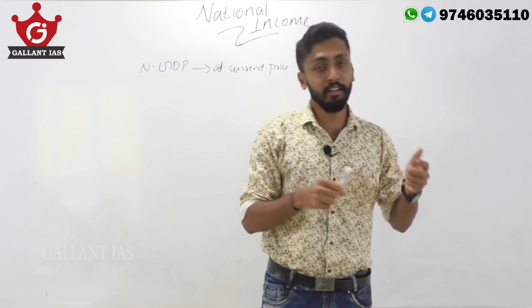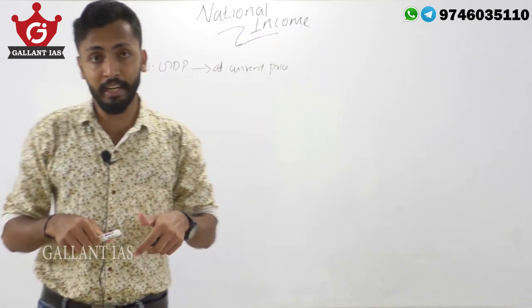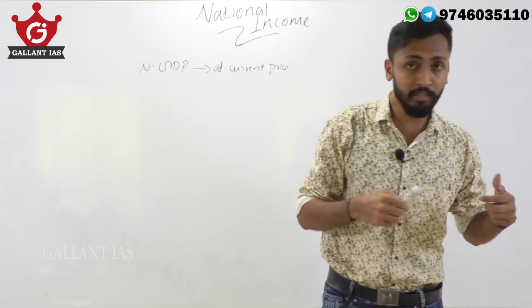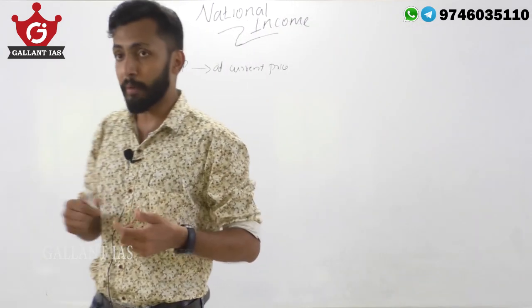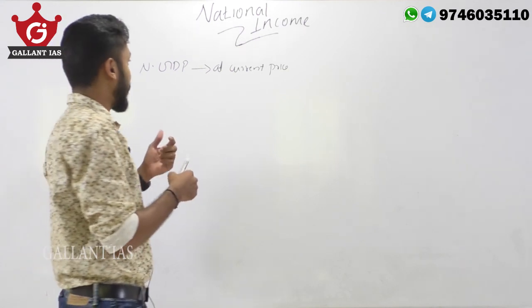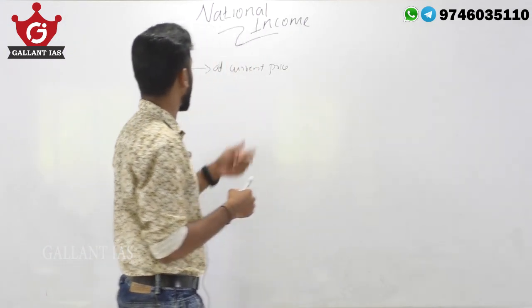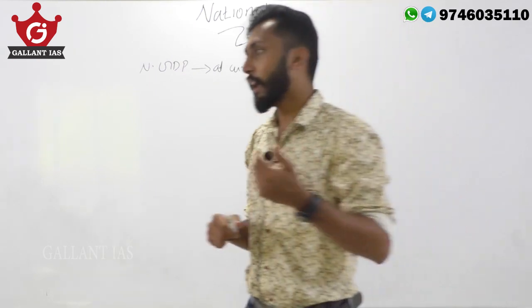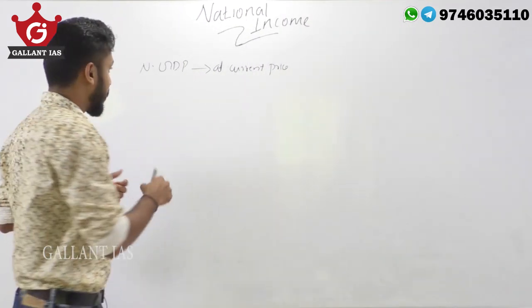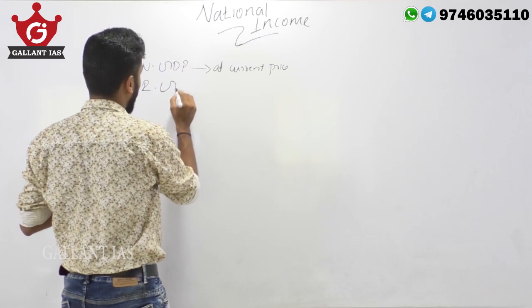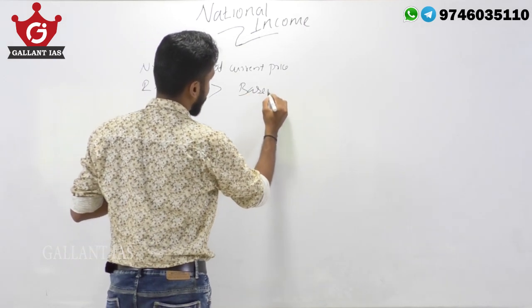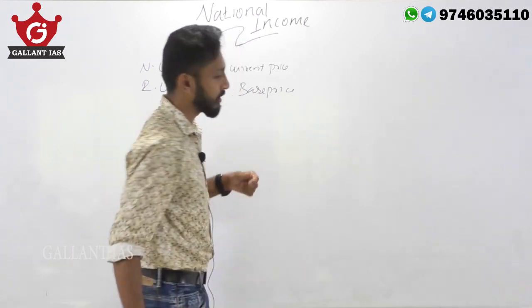While calculating real GDP of 2090, we use the base year's price. It may be 2012's or 2030's commodity price. That is the difference between nominal GDP and real GDP. Real GDP is calculated on base price.